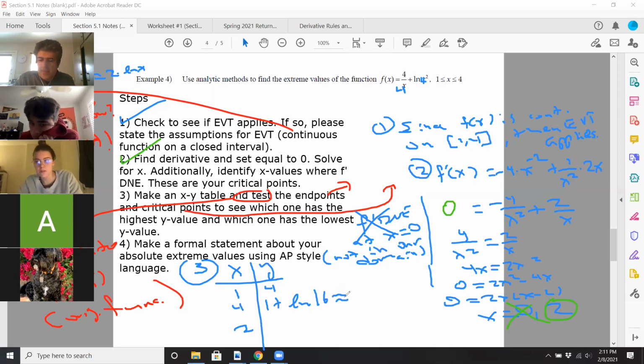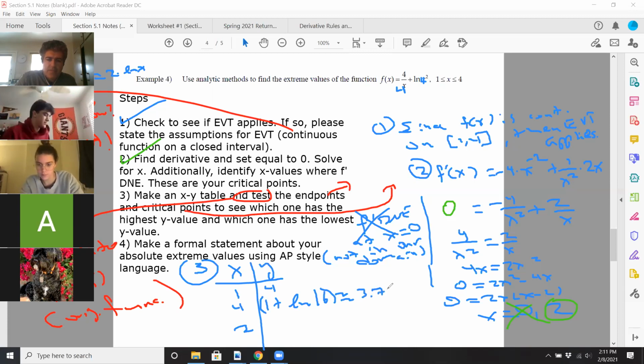Sorry, if you add it all together, natural log of 16, I think, is 2.77. So let me put it in parentheses so it's not confusing.